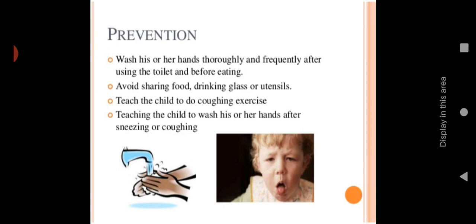Then the management, including pharmacological management with medications, and non-pharmacological management including saline water, increased fluid intake, and always humidifying or moistening the oral cavity. Then preventing exposure to microorganisms, and avoiding allergens or any drugs. So these are the non-pharmacological management.